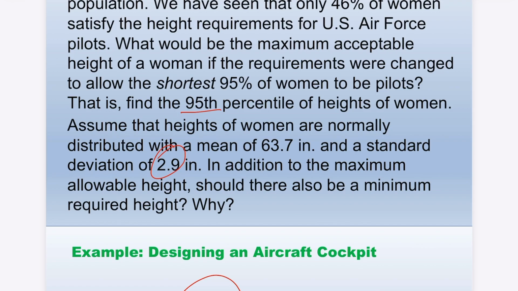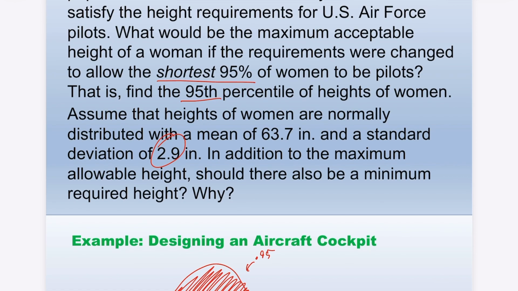I want the 95% shortest, so there's 95, so that's going to be 0.95. And I just need to find that z-score. What is the z-score that gives me 0.95?